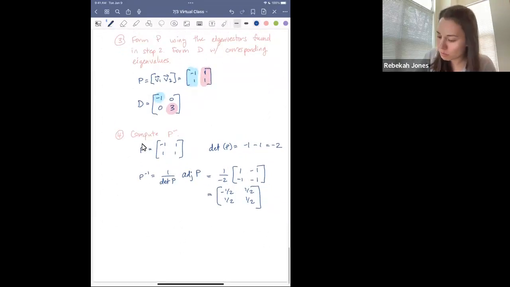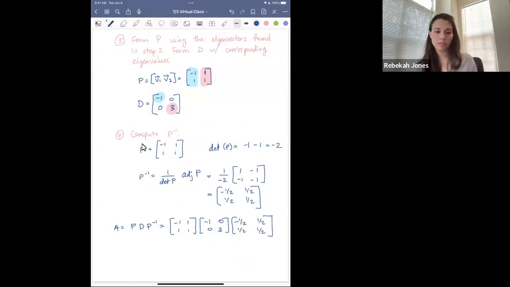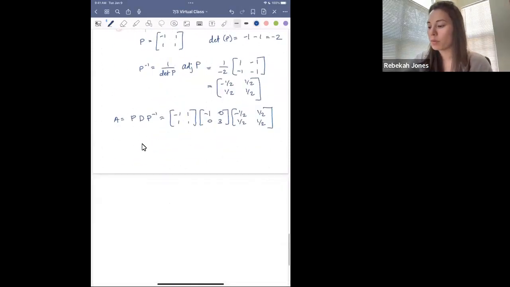Okay, so what we have now is A is equal to P times D times P inverse, where P is this matrix here, D is this diagonal matrix, and then P inverse we just computed like that. Okay, and we can double check that when we multiply these together, we actually get back to the matrix A, right? So let's do a quick check.